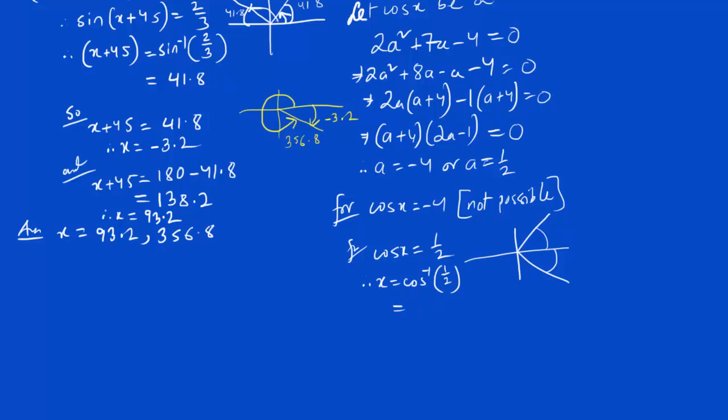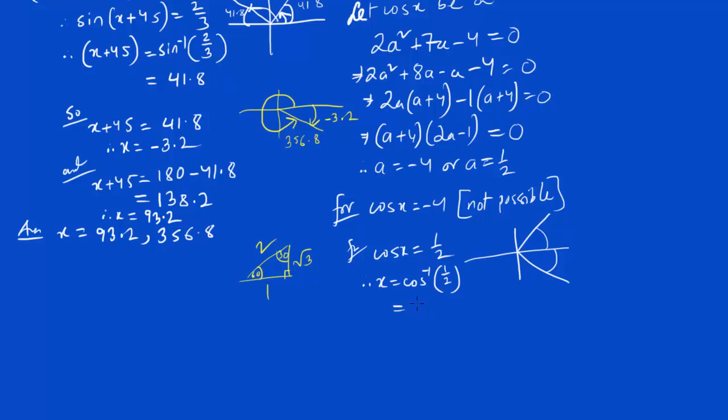You can use the calculator, but I recommend that you try to use the half of the equilateral triangle. Remember, this is 2, this is 1, this is square root of 3, this is 90 degrees, this is 60 degrees, this is 30 degrees. So cos 60 degrees, adjacent by hypotenuse, is half.